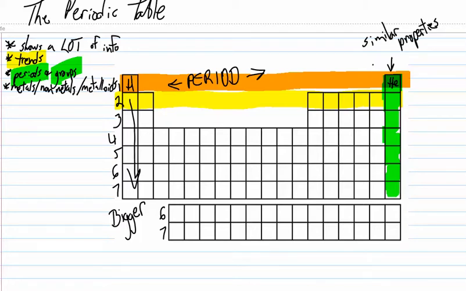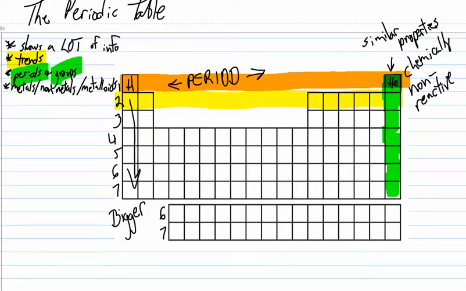To varying degrees that's true, but the guys in this column are chemically pretty much non-reactive. They're not completely non-reactive, but they're so boring that we don't talk about them a lot in chemistry class.